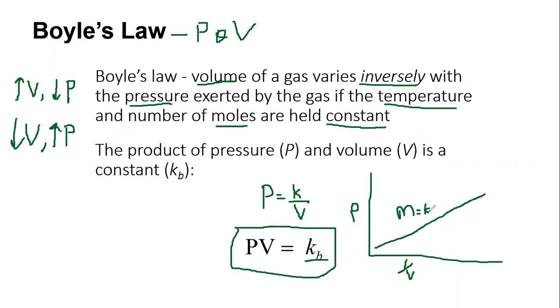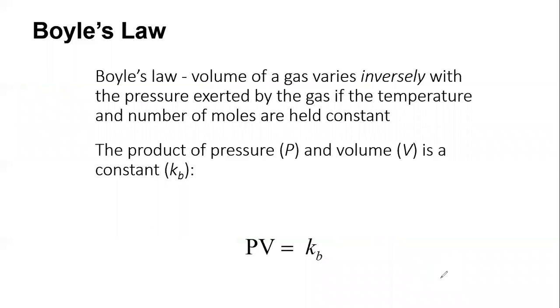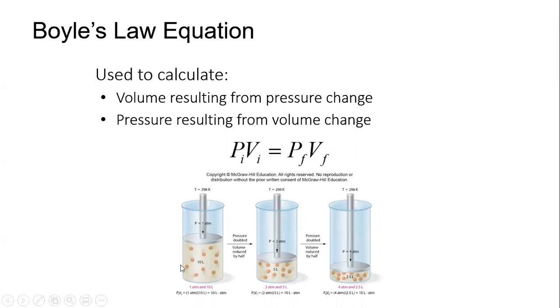Now, pressure can be in any unit, and volume can be any unit for Boyle's law. There's no requirements for units with this law. The obvious question is, what happens if we change the pressure? How do we find out what the new volume is? And what we do is we use this equation PI/VI equals PF/VF.